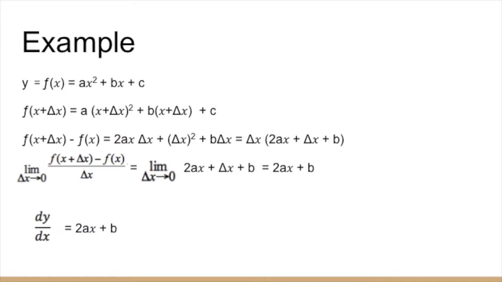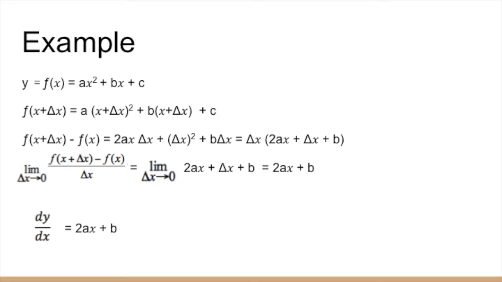We can see another example here: y equals f of x equals ax squared plus bx plus c. To calculate the limit of f of x, simply take the limit of f of x plus delta x minus f of x divided by delta x.